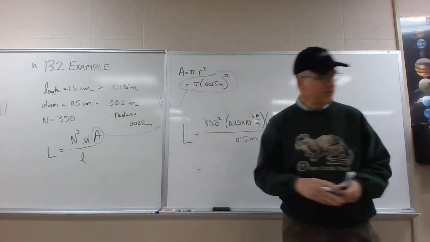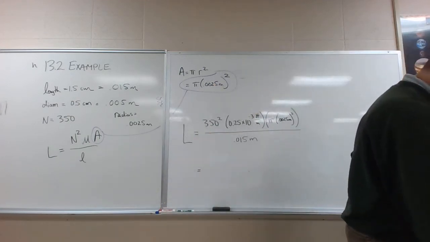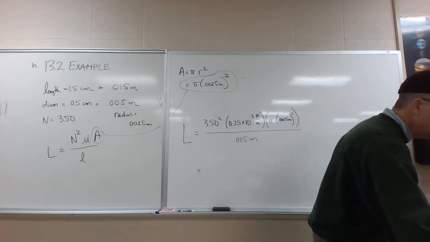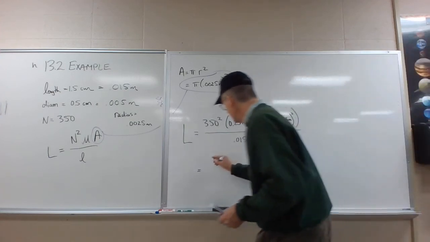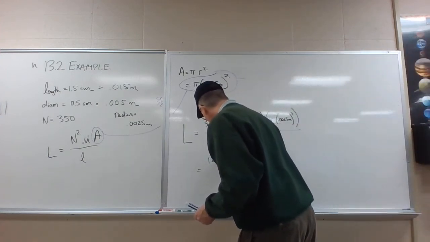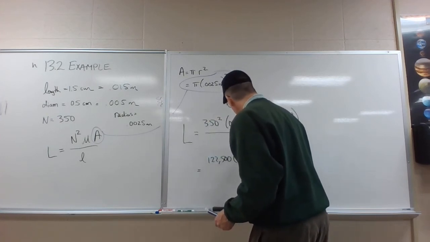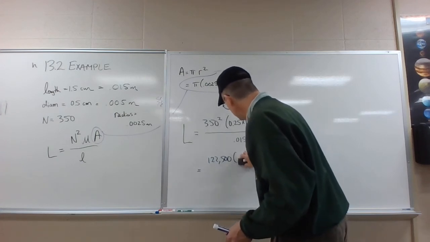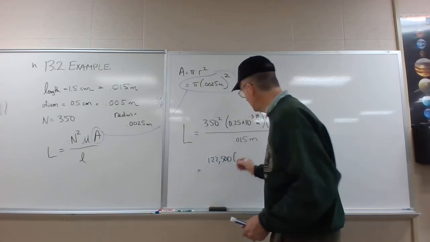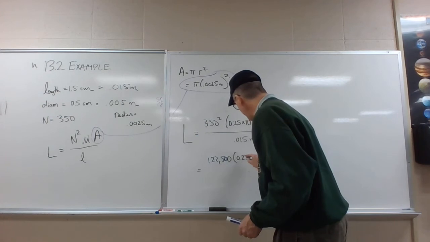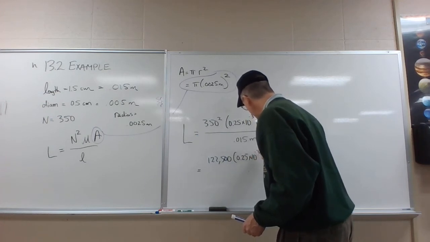So I got 350 squared. That's 122,500. Then I got 0.25 times 10 to the -3rd.